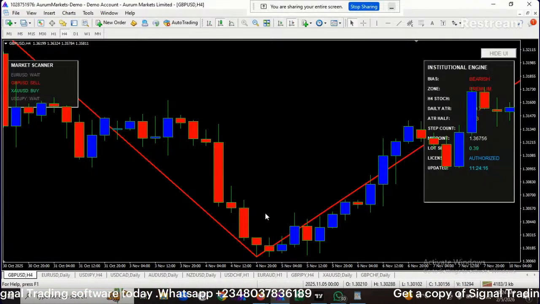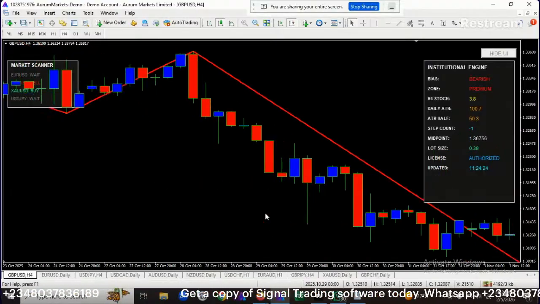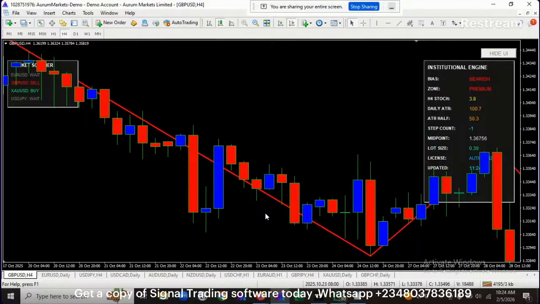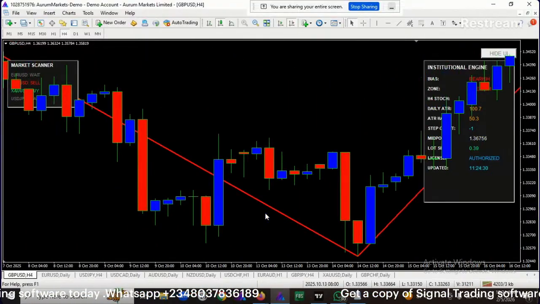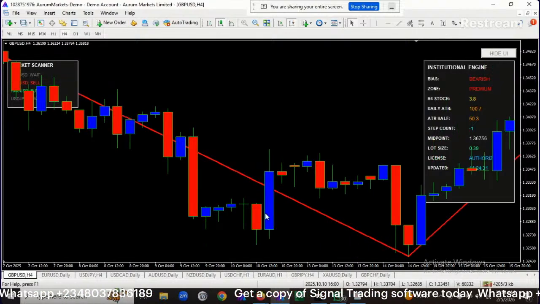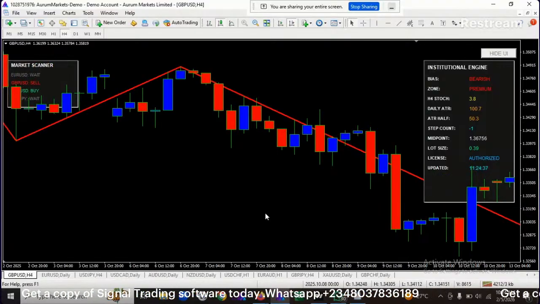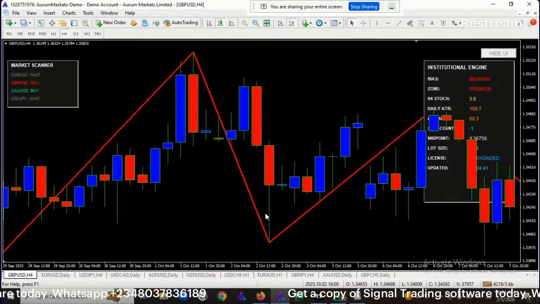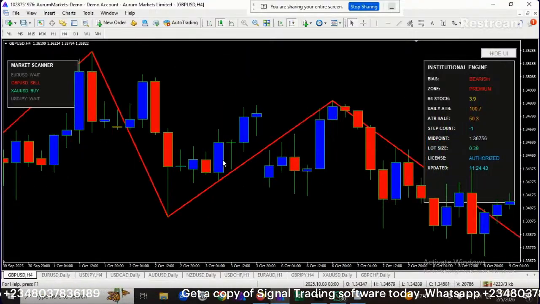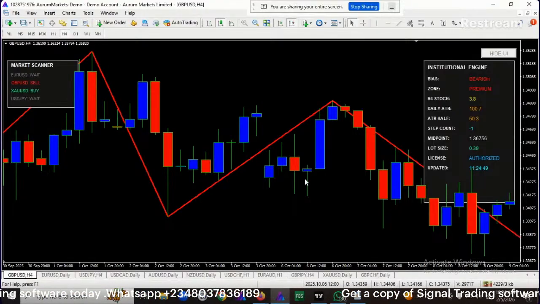One more example, then I will attend to Mr. Akola's question. This is also a hammer candle. You can see this is a hammer candle.